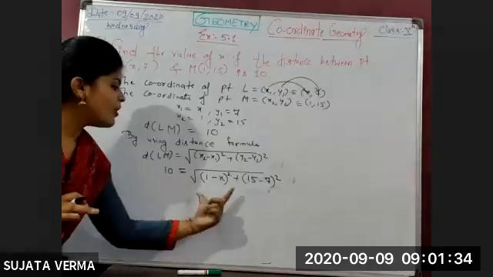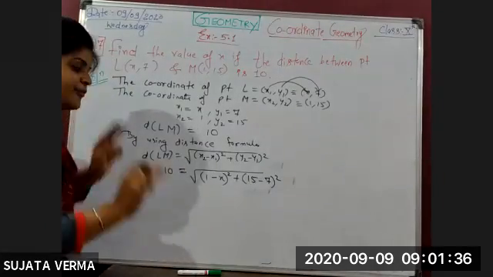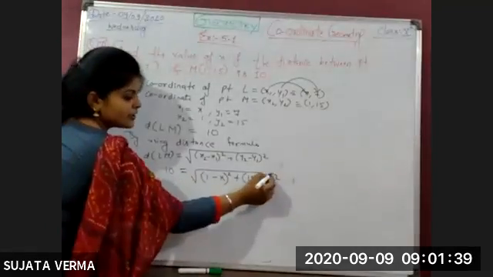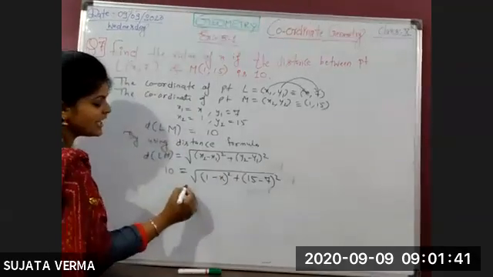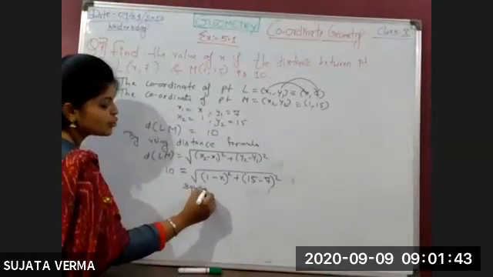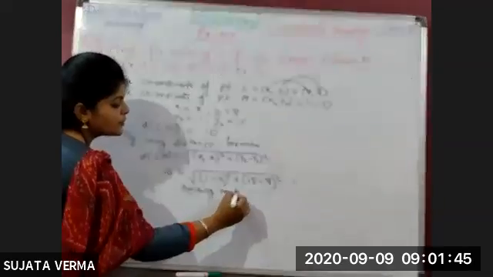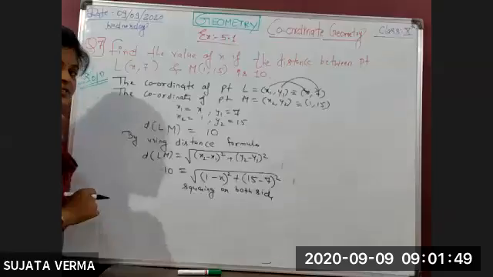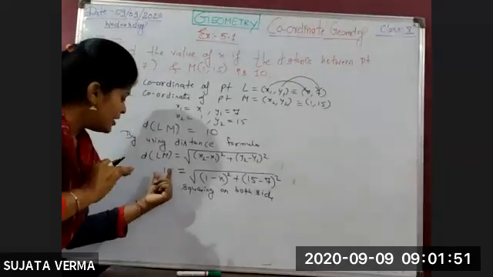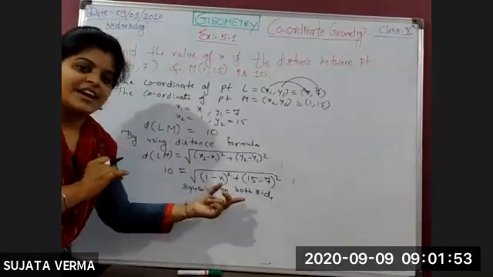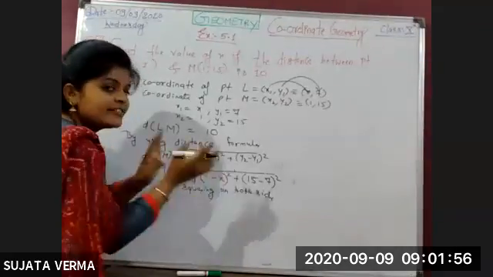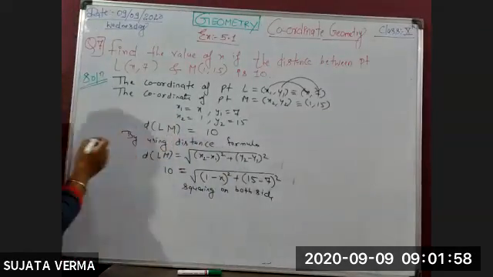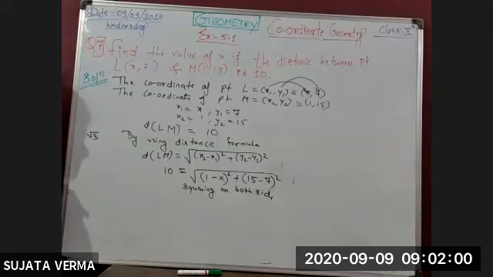Okay. Now, how can we solve this question? First, here is the square root. Here is 10. Then we write squaring on both sides. When we square this equation, that is the LHS and RHS, then this root and square get cancelled. Suppose we have root 3.